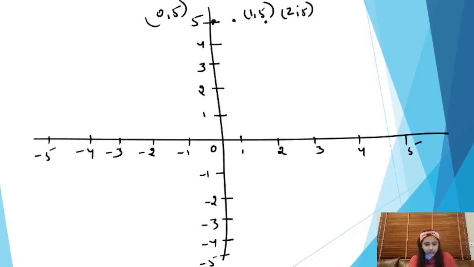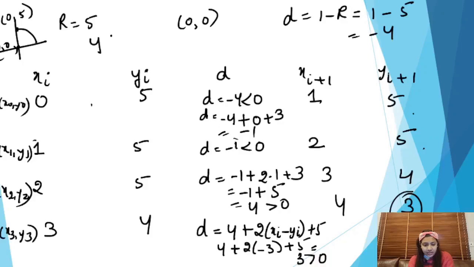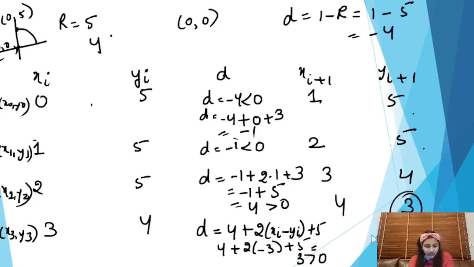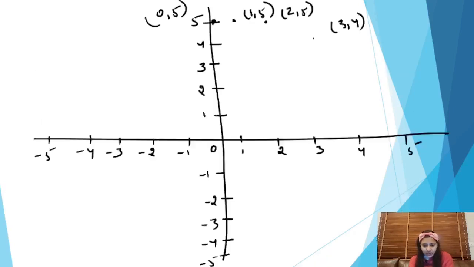The next value is (3, 4), which is this value. Then the next value is (4, 3), and (4, 3) is this value.